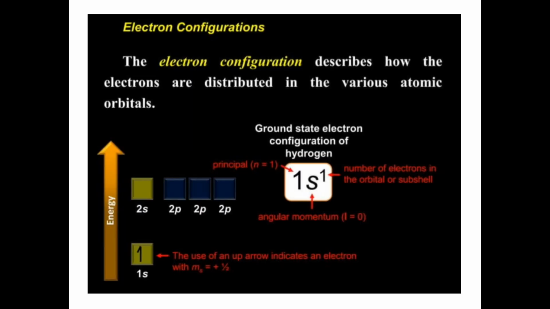Let's start with what the electron configuration means. The electron configuration describes how electrons are distributed or arranged in various atomic orbitals. We can also say electronic configuration is the arrangement of electrons around the nucleus of an atom.